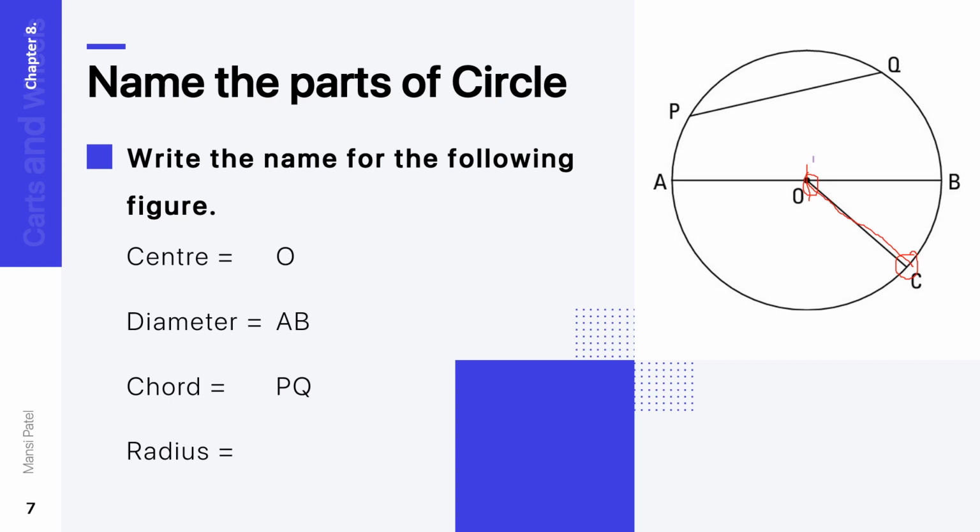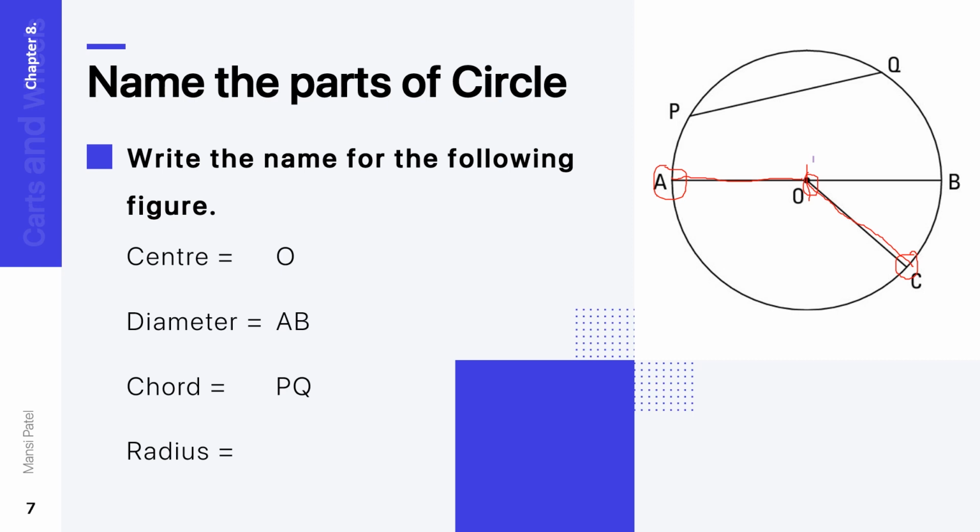Now see another line that also starts from O, that is O and A. It's starting from the center and its other end is on the circle. So we can also say that OA is the radius.